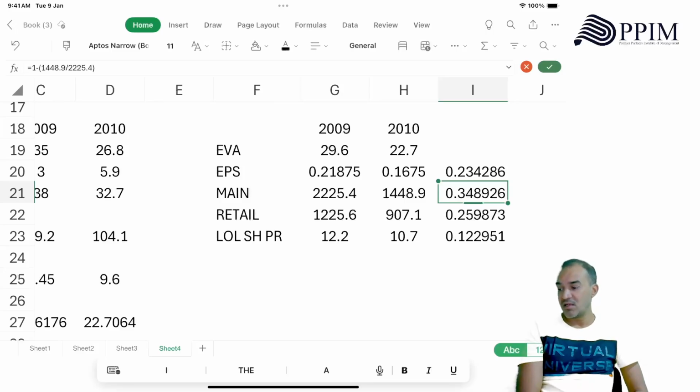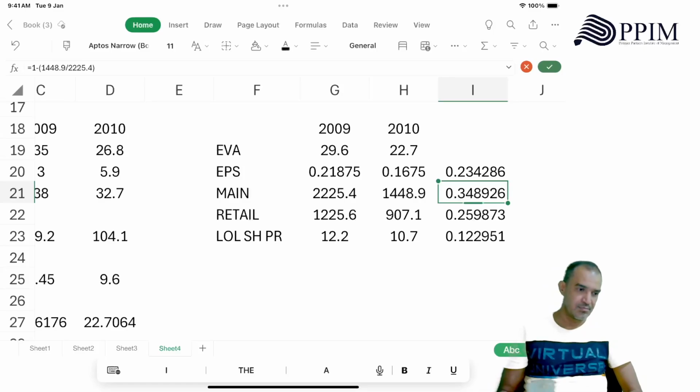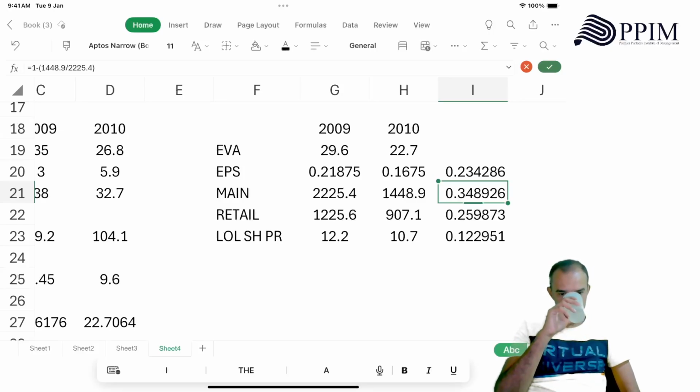Hence, the company continued to create value for its shareholders, even in the poor economic environment.